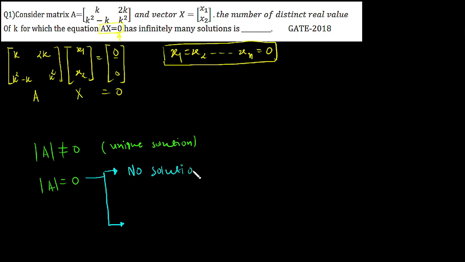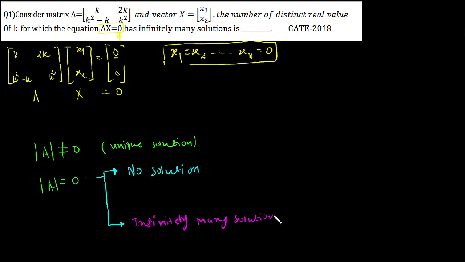This is one possibility for any general system of equations, not necessarily homogeneous, maybe non-homogeneous also. The second possibility is infinitely many solutions.